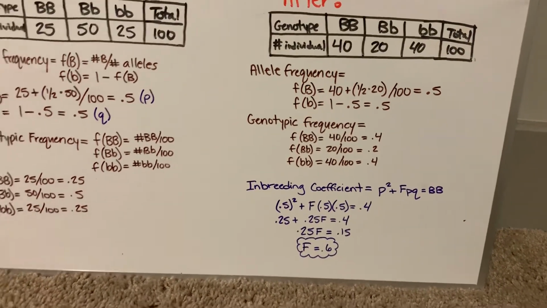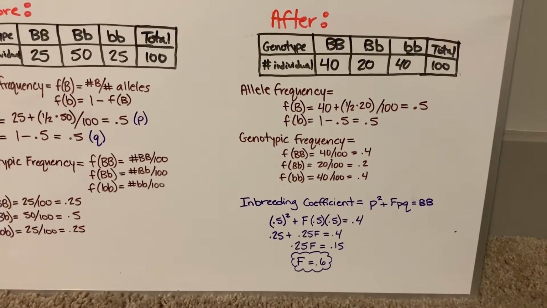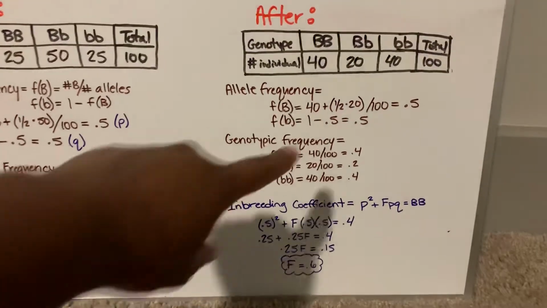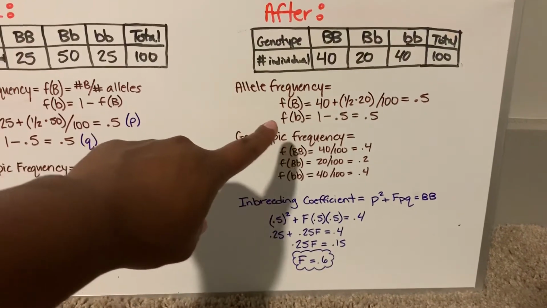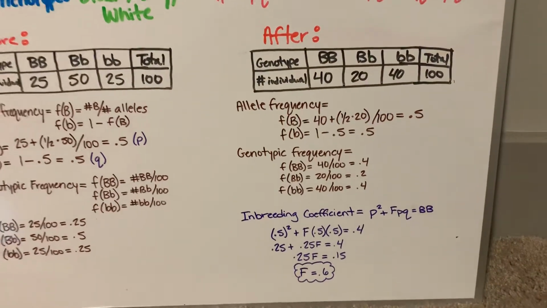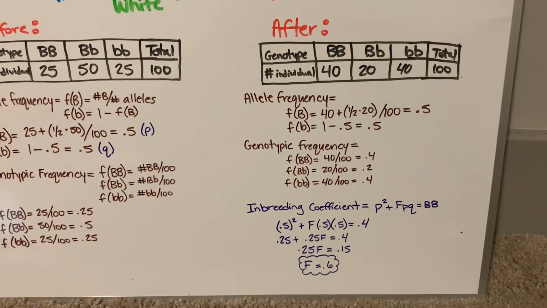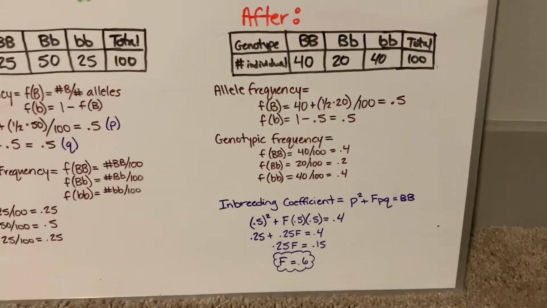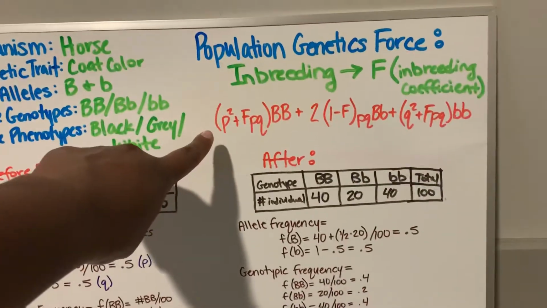And then to find the inbreeding coefficient, we plug in those P's and Q's, where the frequency of the big B would be P, and the frequency of the little b would be Q. Plug those into our altered genetic array, and we use just the first portion up here.